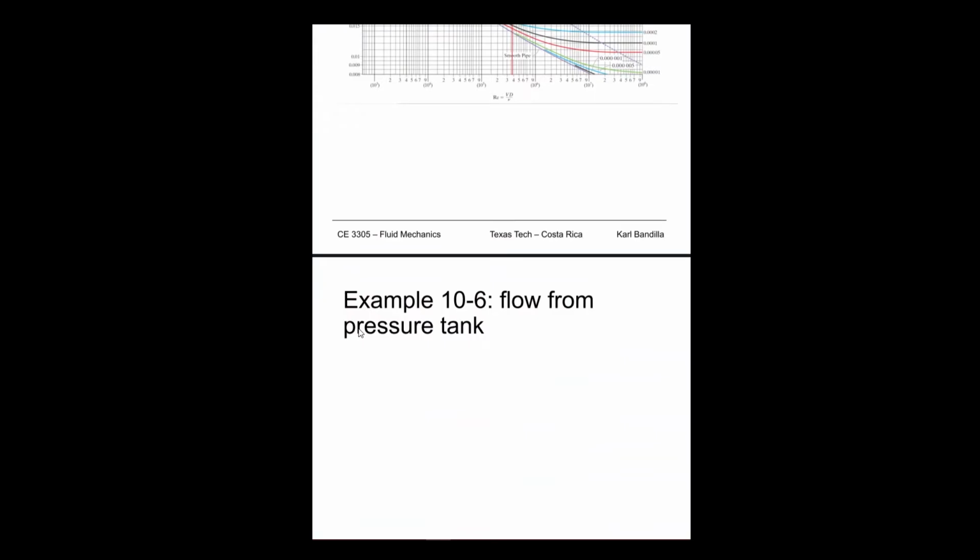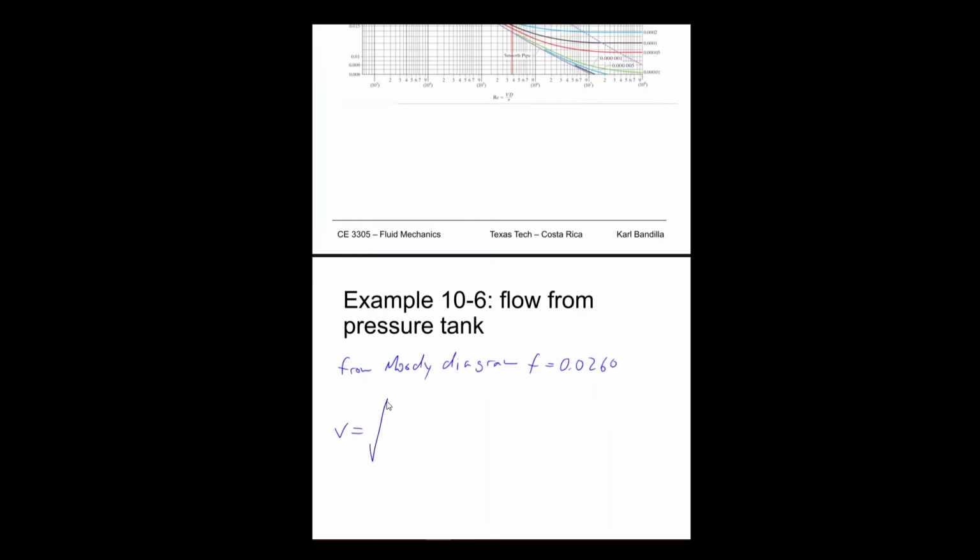And with that, we do our whole game again, just like we did before. Calculate our V and see where we get. So from the Moody diagram, f is equal to 0.0260, and again the velocity.